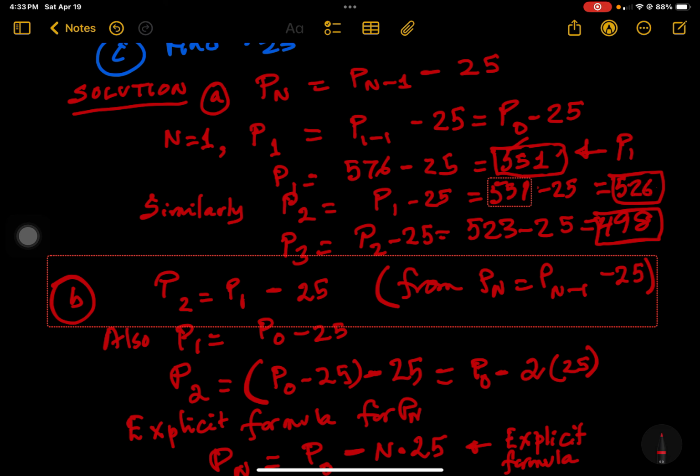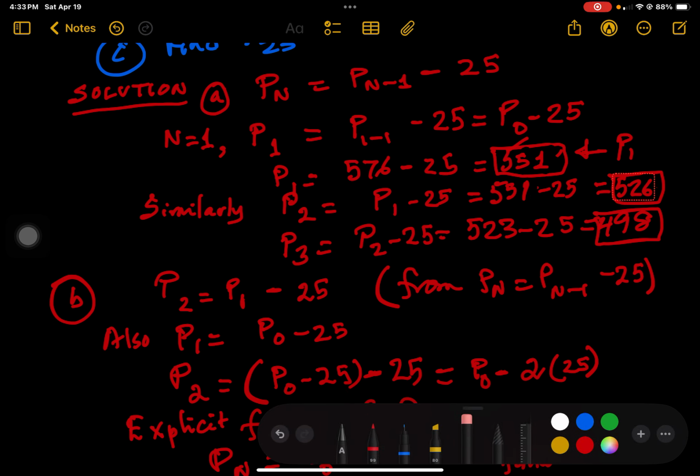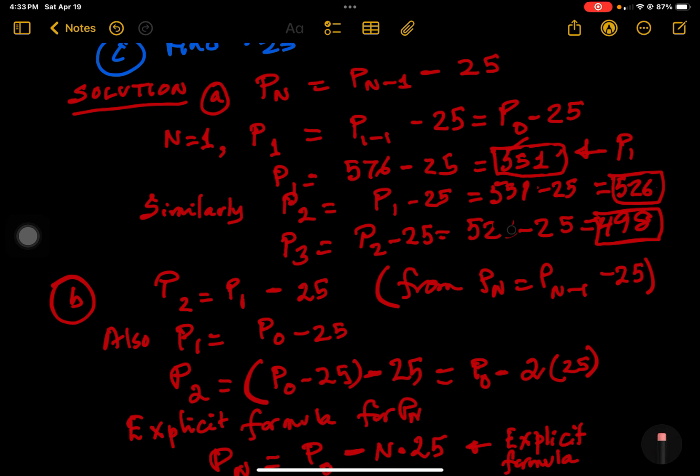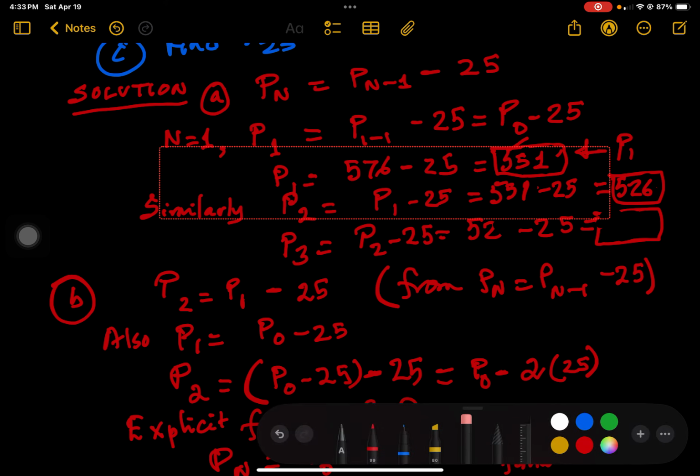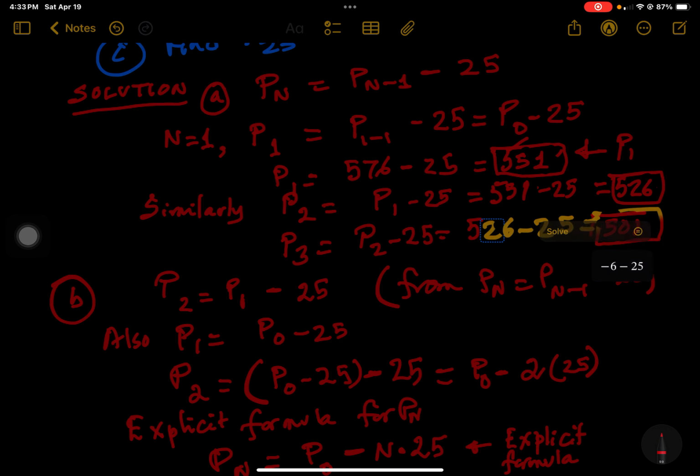Okay, and finally P3 will be P2 minus 25. So this will be 526 minus 25, which is 501. Okay, this is the P3.